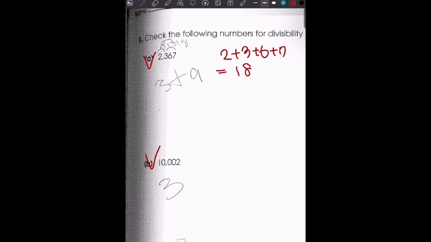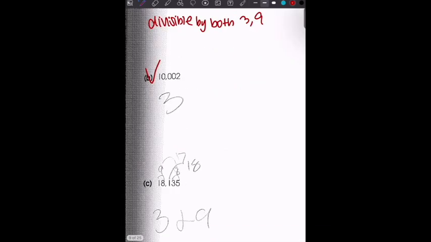So 18 is divisible by both 3 and 9. So the number is divisible by both 3 and 9. For 10,002, when we add the digits, we get 3. So 3 is divisible by 3, but it's not divisible by 9. So the number is divisible by 3 only, not 9.